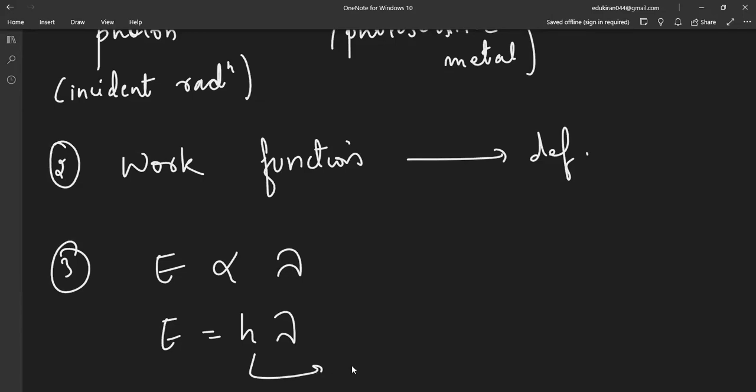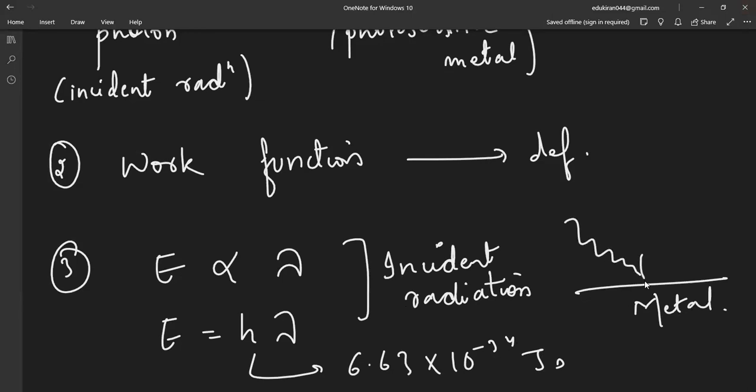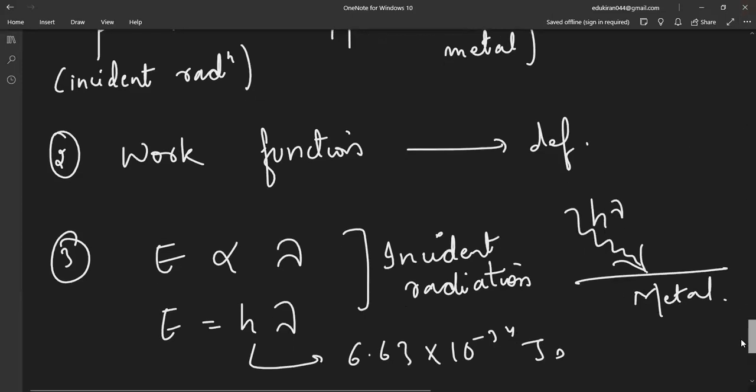The value of Planck's constant is 6.63 into 10 to the power minus 34 joule seconds. This is about the incident radiation. Incident radiation means if this is the metal surface, this is the radiation which is falling.